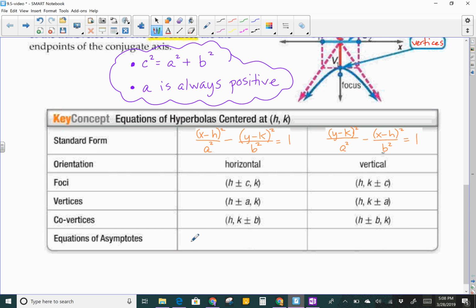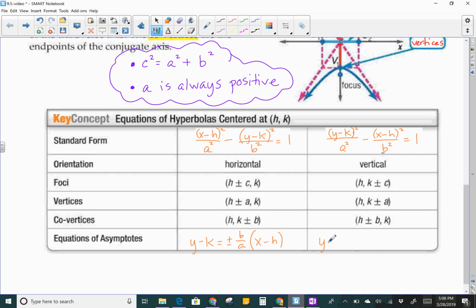This one is y minus k equals plus or minus m times x minus h. M is the slope. So what is the slope? Slope is y over x. What's underneath the y is b. So this is going to be plus or minus b over a.